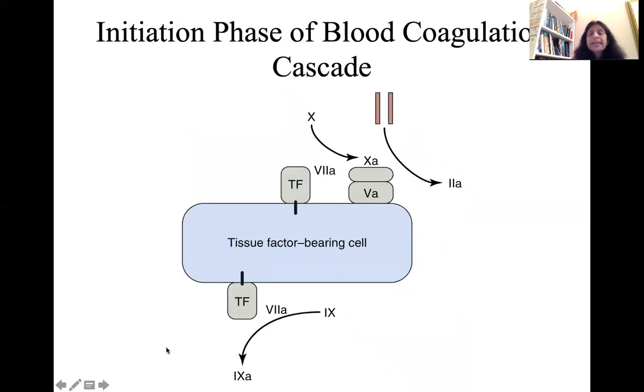And the same thing is shown in a much clearer form here. This is our initiation phase. What did we say about the initiation phase?